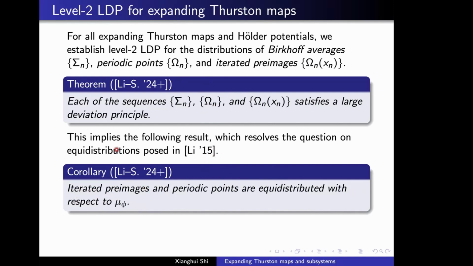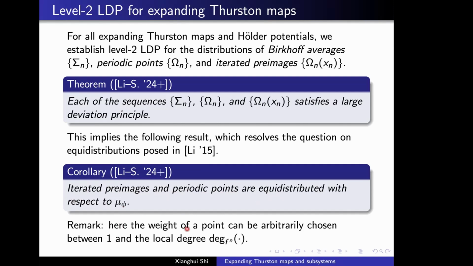As a direct corollary of level 2 LDP, we prove that iterated preimages and periodic points are equidistributed with respect to the unique equilibrium state mu phi. I want to remark that here the weight of a point can be arbitrarily chosen between 1 and the local degree.